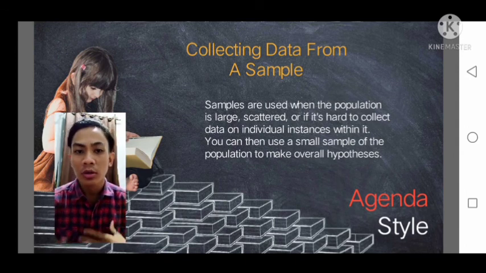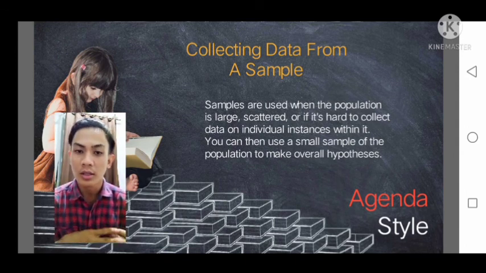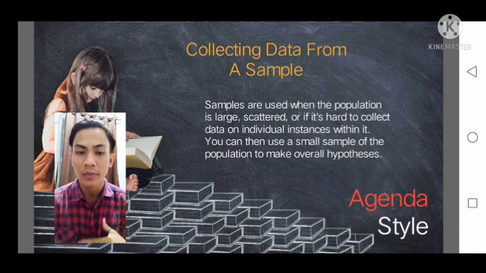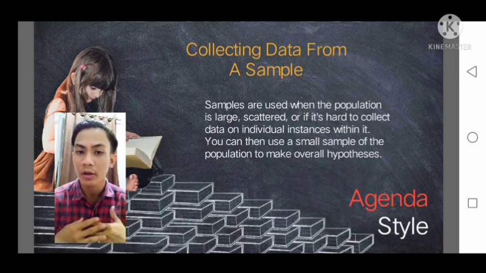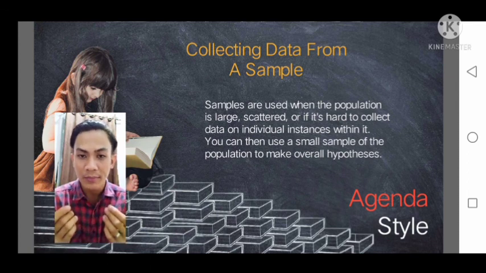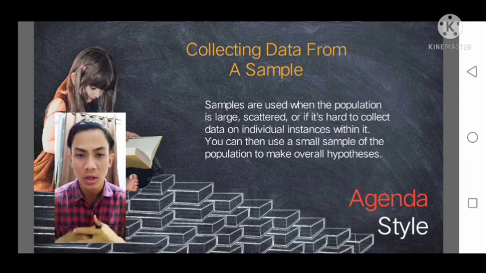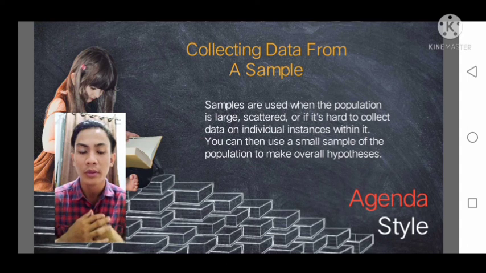Consider the polls conducted during election season to gauge the public support for various political parties all over the nation. It is impossible to ask millions of voters who their preferred candidate is, so they collect the opinions of a few hundred or thousand people from different sectors of the voting population.